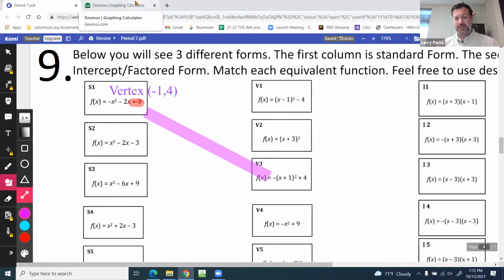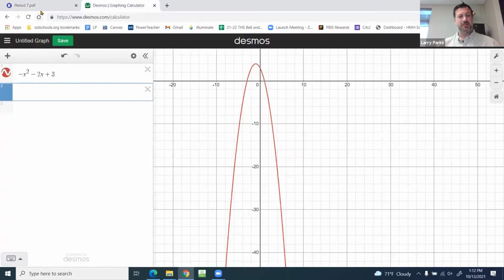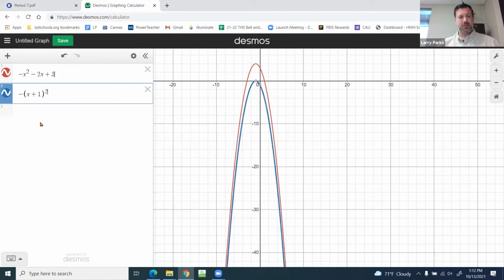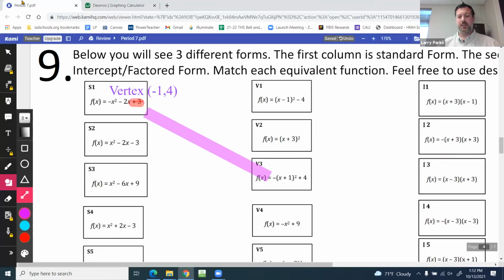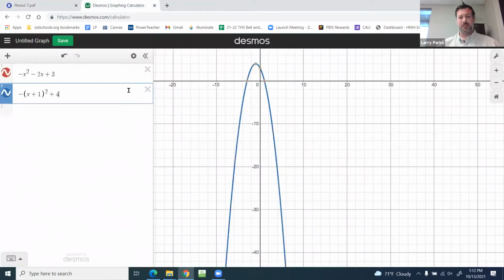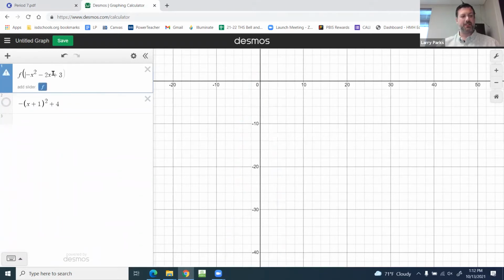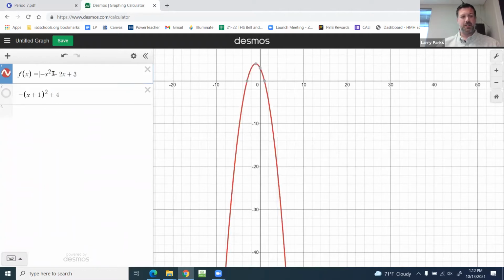If I type that in, it should be the same thing. -(x plus 1) squared plus 4. Notice they are the same thing. That's another way you can match up the graphs. You type them in, they should be the same. Now they type theirs in as f of x. Same thing. See?